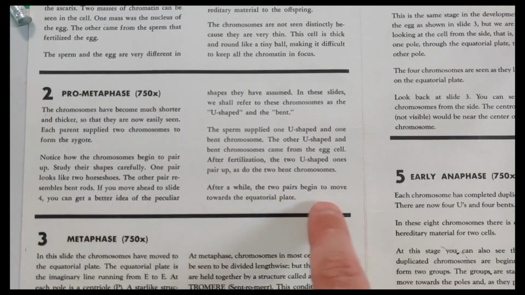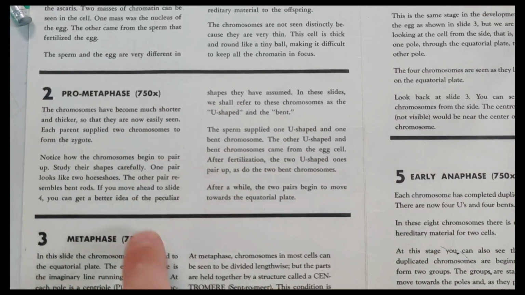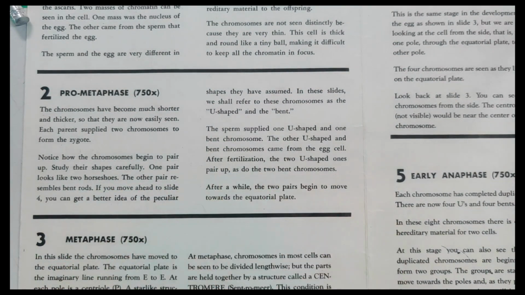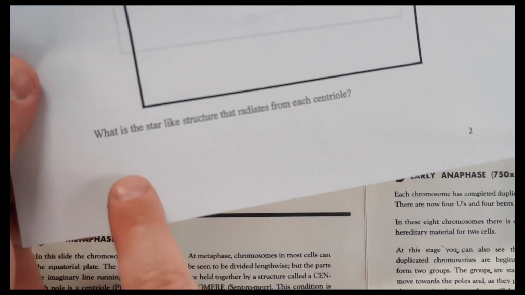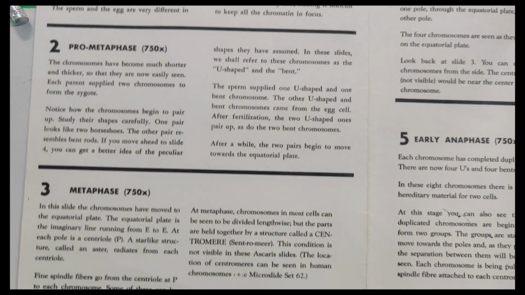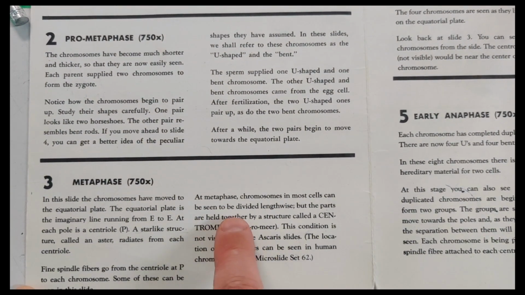Somewhere in here it's going to say how many chromosomes are supplied by each parent. It might be in the answer before, it's right in here, right? Question 3, what is the star-like structure that radiates from each centriole? And you could look here and it would say, right, a star-like structure called, ooh, look at that.